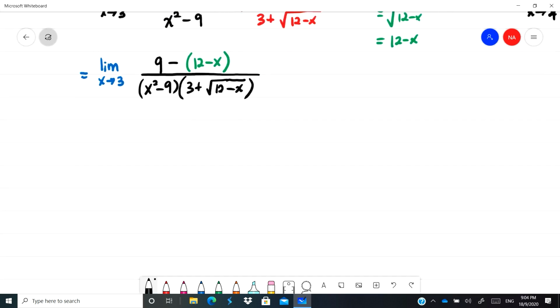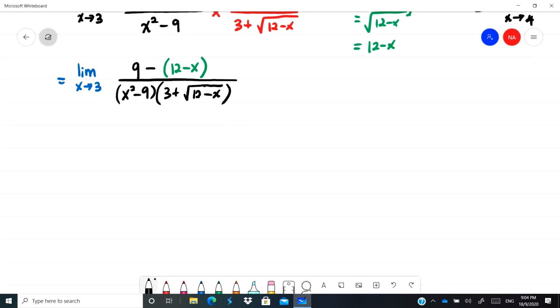And then you have to simplify the one at the numerator. We have not substituted the value of x as 3, so just copy them. So 9 minus 12, or if you want to solve one by one, then never mind, I'll just expand that. So 12 minus x will be plus 9 minus 12 plus x.